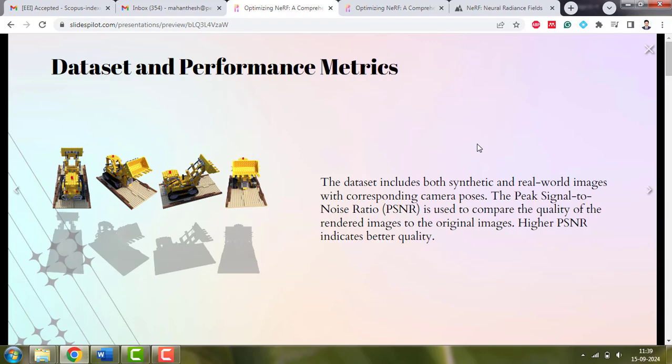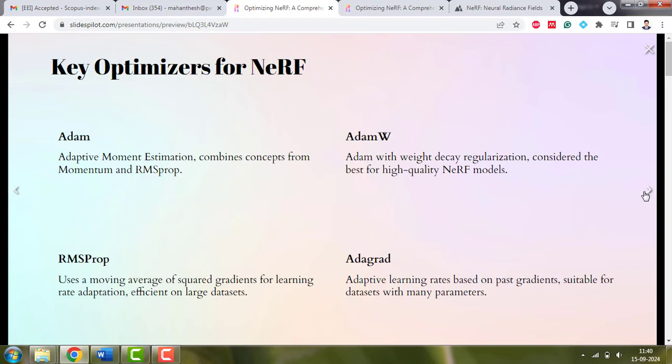If it is lower PSNR, it is lower quality. So this is the performance metric. We have taken a typical toys example, and these datasets are available, and different examples may also be taken. Here we are just taking this as an example.